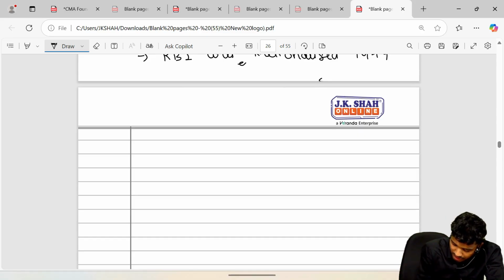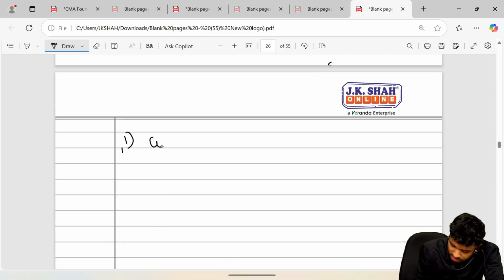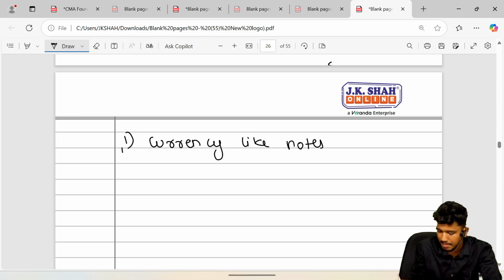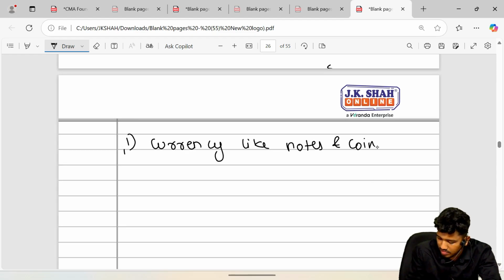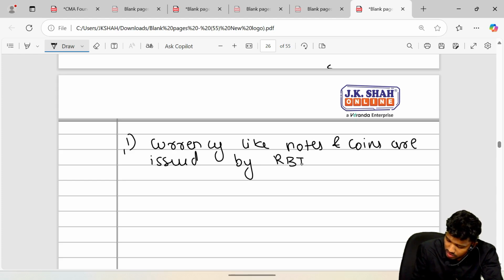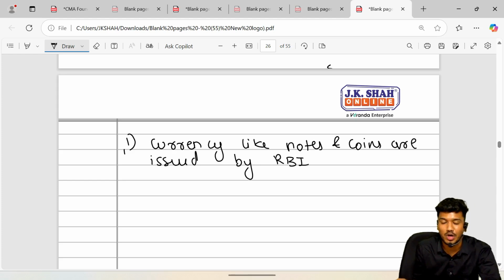Further guys, in our country, currencies like notes and coins are issued by RBI on authorization of the Government of India.